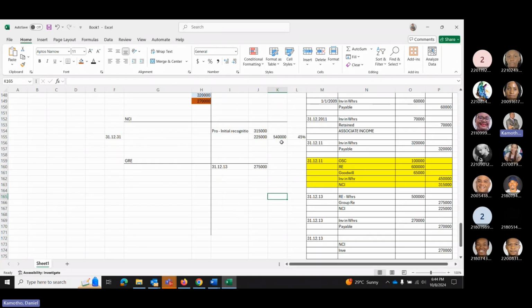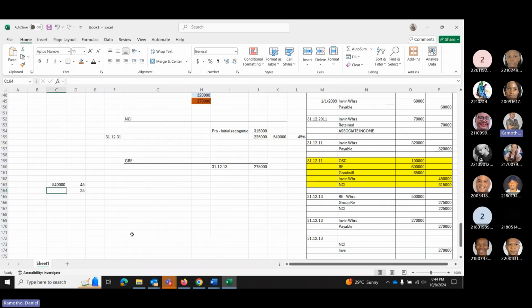So how do we calculate how much of it needs to be reduced? If 540 is 45%, how much do we need to reduce by 25%? So we need to work out what 25% is. We can basically say 540,000 is equal to 45%. So we want to find out what 25% is, because that is what we need to remove it by.